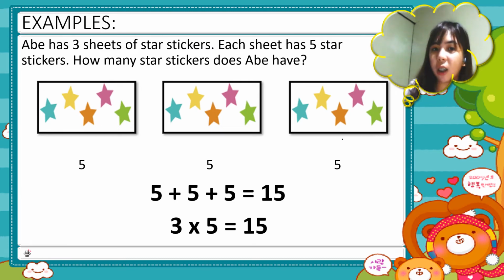How many sheets of stars does Abby have? 3 sheets. In each sheet, how many stars? You got 5, right? So 3 times 5 is equal to 15. Do you understand? It's just so easy as long as you listen.